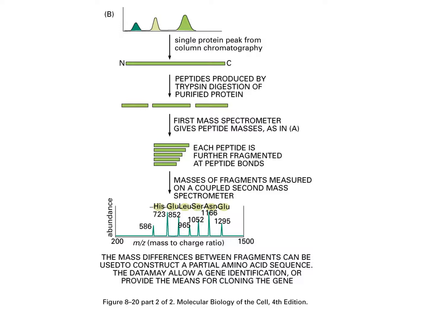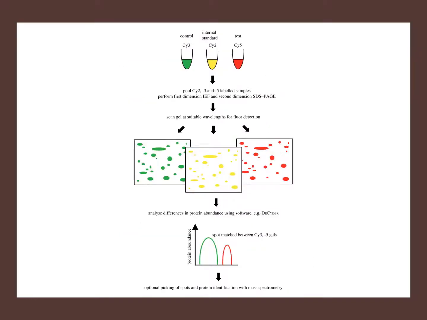So again, one can do massive parallel amounts of this kind of work. So theoretically, every separate protein in 2D gel can be done if you've got enough robotic equipment to do it pretty much all at once. So we're talking high levels of data here.